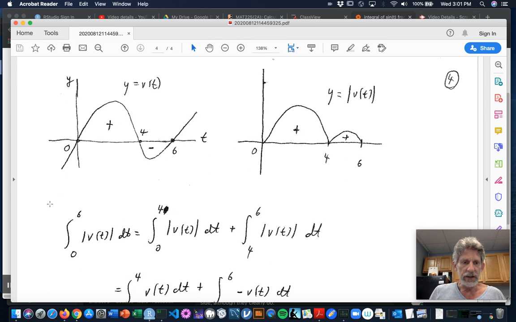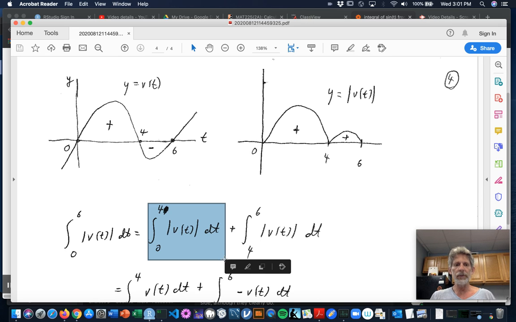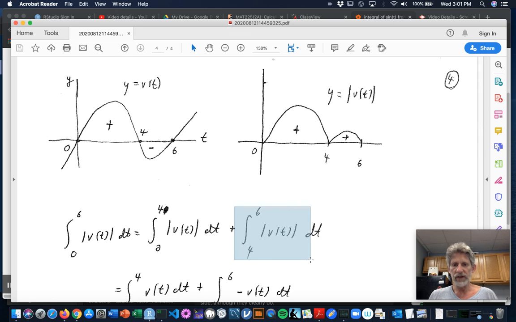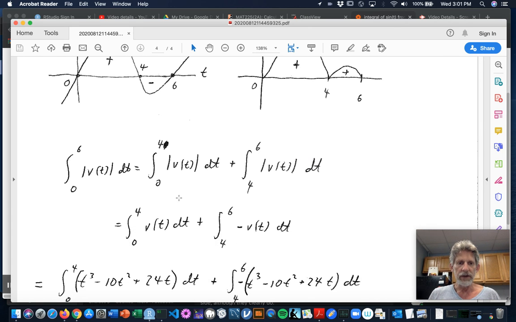And if I want the integral from 0 to 6 under this curve, I'm going to have to break at the 4. And so I'm looking at the absolute value integrated from 0 to 4 plus the absolute value integrated from 4 to 6. Now from 0 to 4, v of t was positive, so its absolute value is just v of t.